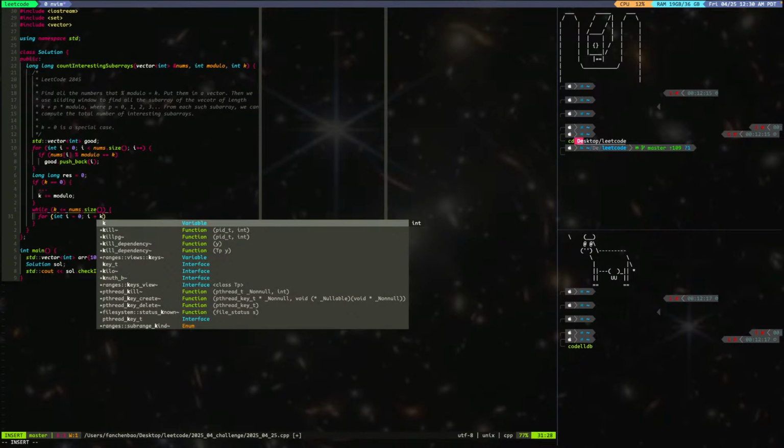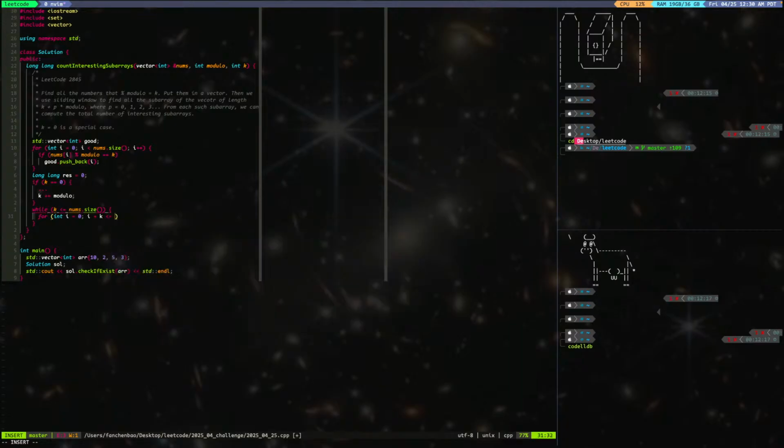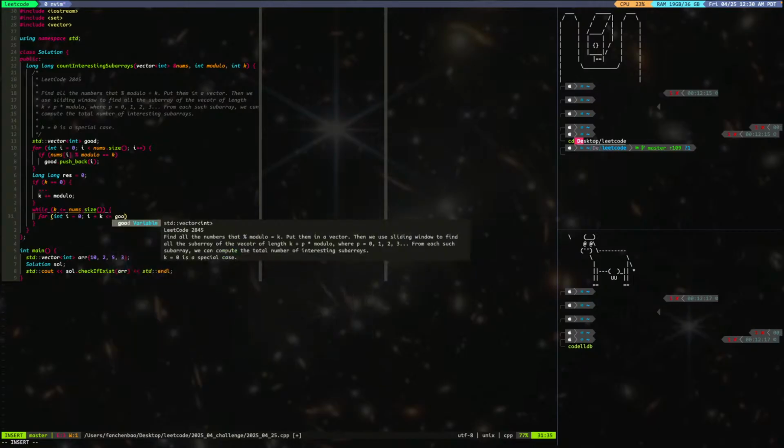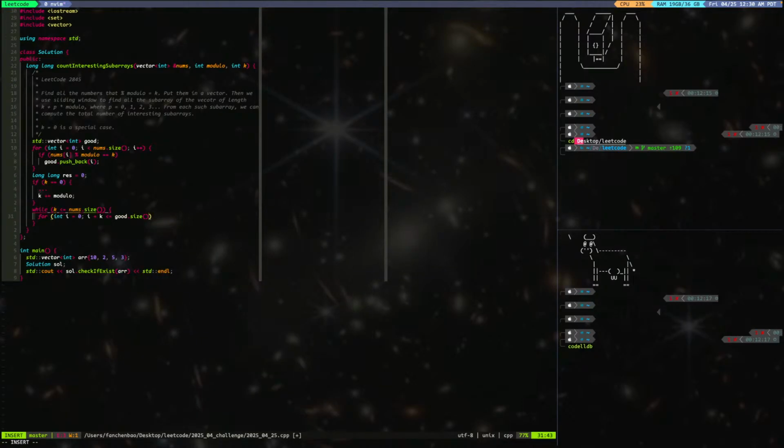K is 2, so you plus 2. I plus k is the size. If k is 2, i is 0, 0 plus 2 is 2. So the size shall be 2, and the size should be smaller or equal to the good size, right?